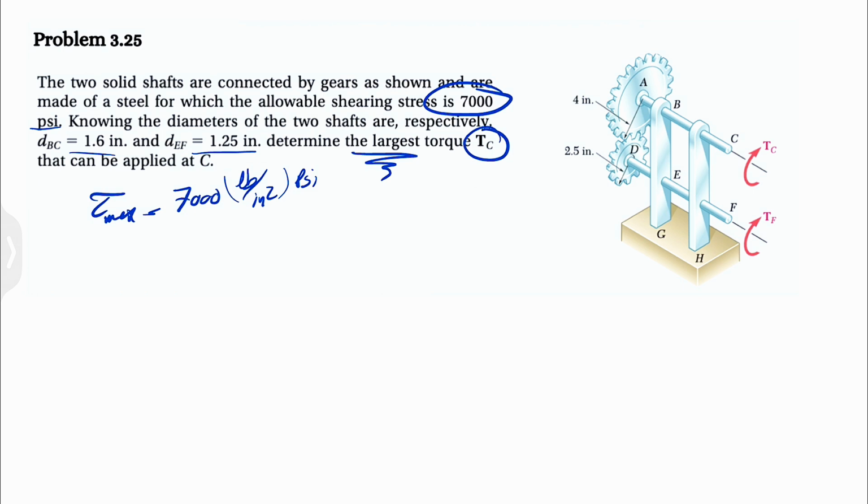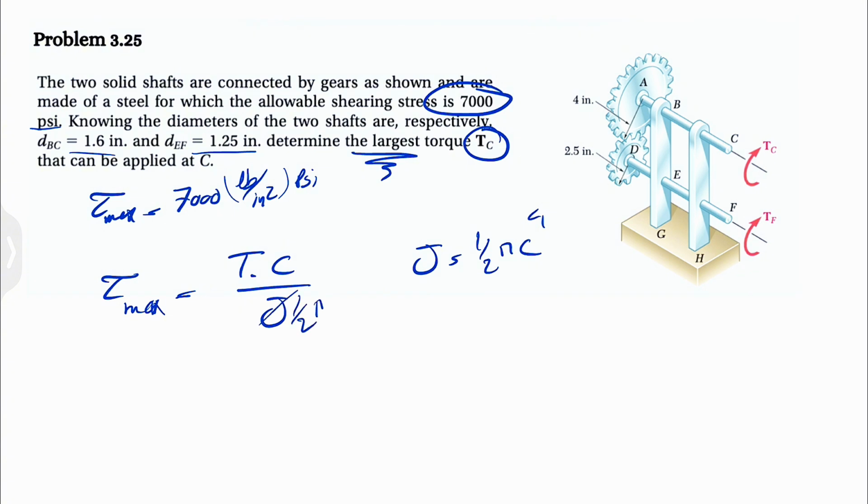So we're going to be dealing with the elastic torsion formula where the maximum shearing stress is equal to T times C over J, and J is the polar moment of inertia, 1/2 of pi times C to the 4th. What the question is asking for is the torque, and we can just plug J in here because we're dealing with solid shafts.